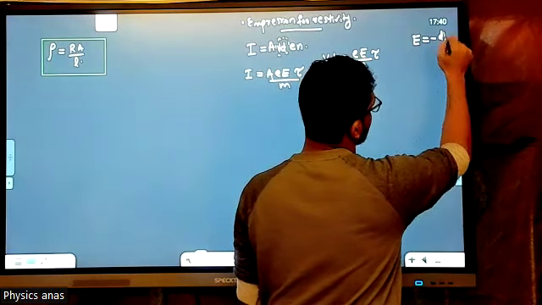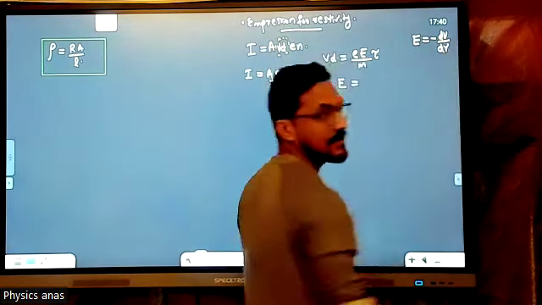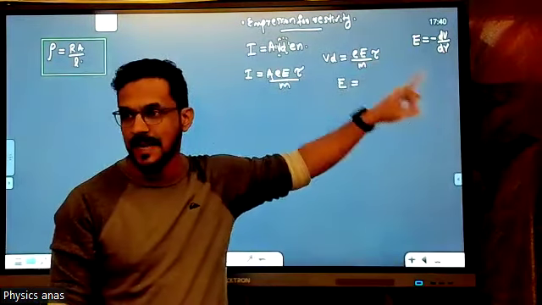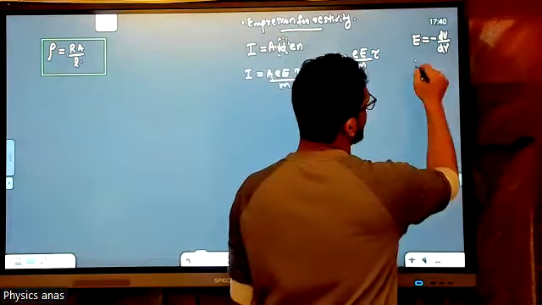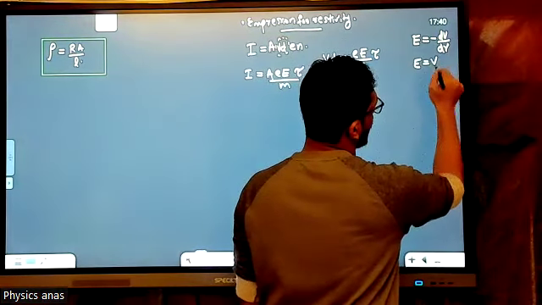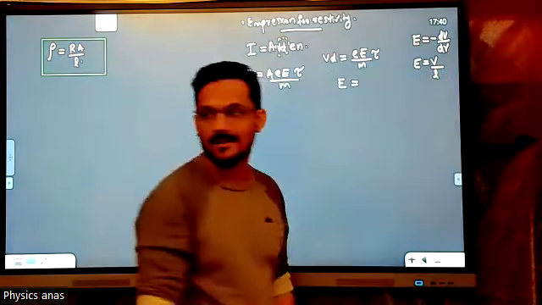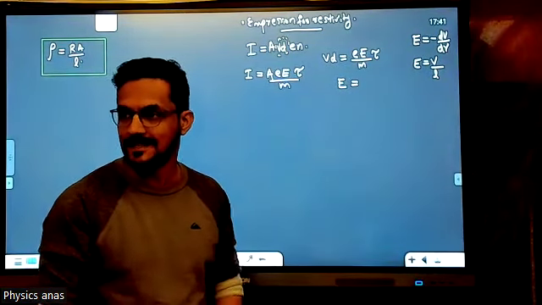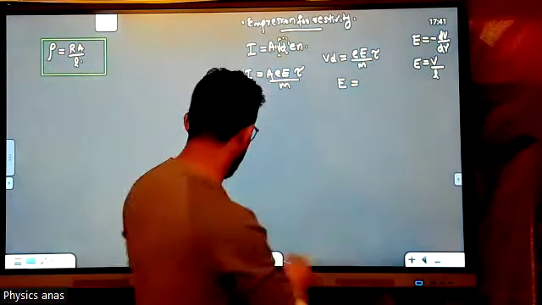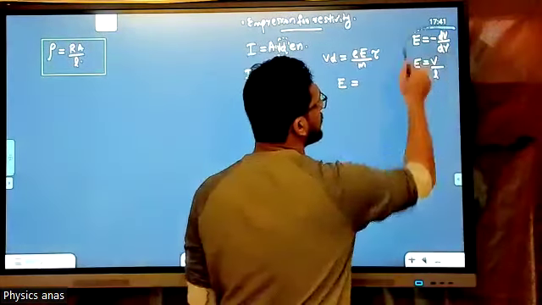That's minus dV by dr, right? From this equation, you can write E is equal to V by L, right? V by L, potential by distance. That's electric field.